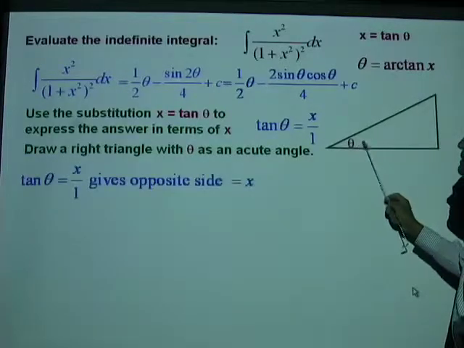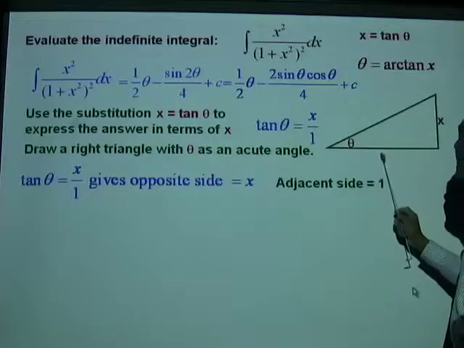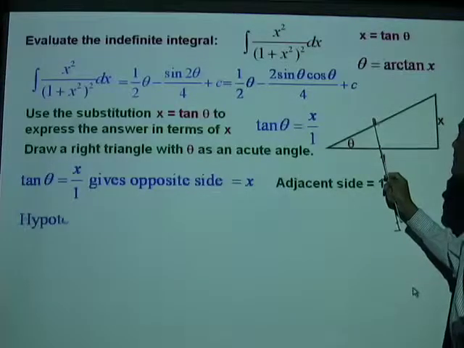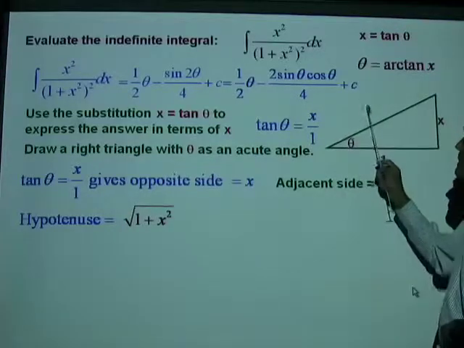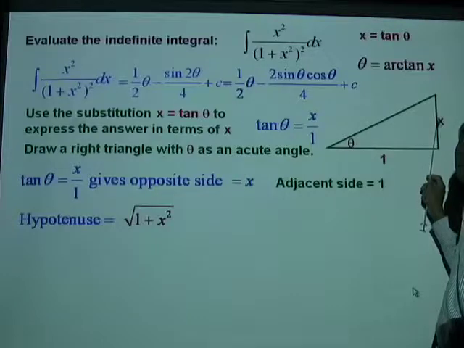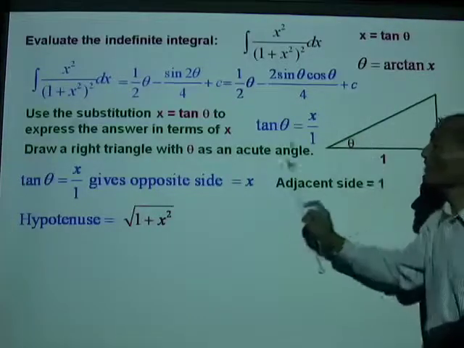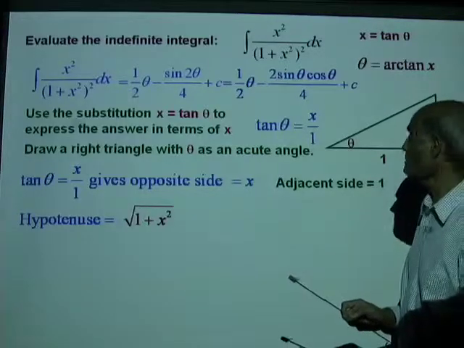X is the opposite side, 1 is the adjacent side, therefore the square of the hypotenuse is 1 squared plus x squared. Therefore the hypotenuse will be square root of 1 plus x squared.